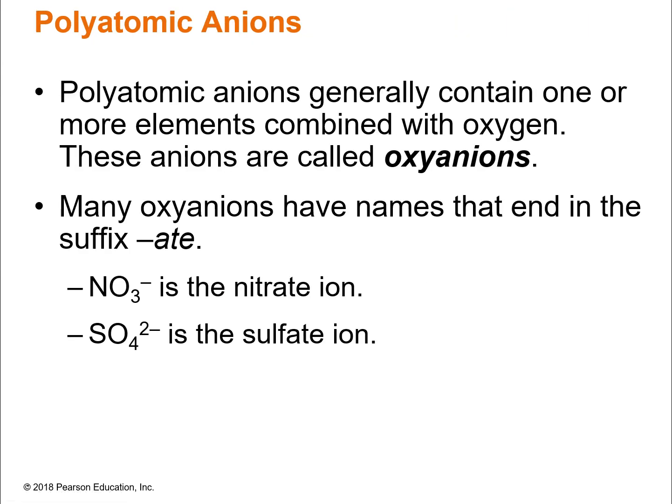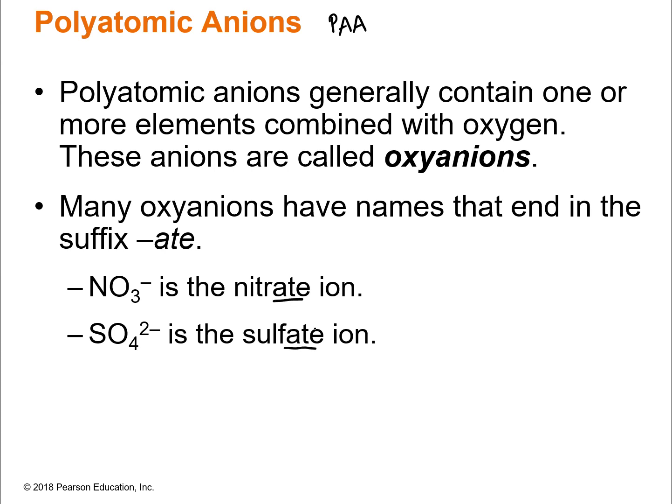Let's go on to polyatomic anions, which I abbreviate PAA. They generally have oxygen combined with them, and those are called oxyanions, but there are some that do not have oxygen. A lot of these oxyanions have ATE at the end.